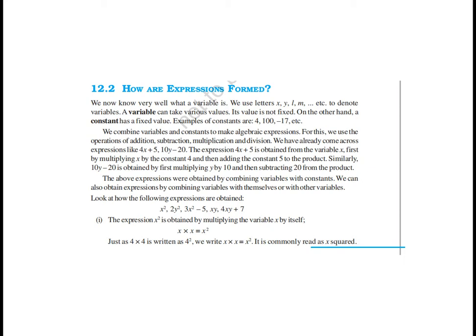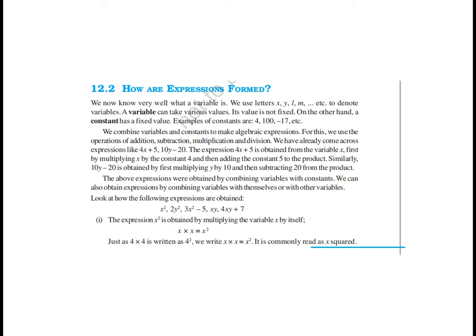So if I say 3x square minus 5 is an expression, how has it been formed? It is formed using 3 and 5 as constants. x is the variable here, and the arithmetic operators used here are multiplication and minus. 3x square minus 5, so 3 into x square minus 5.